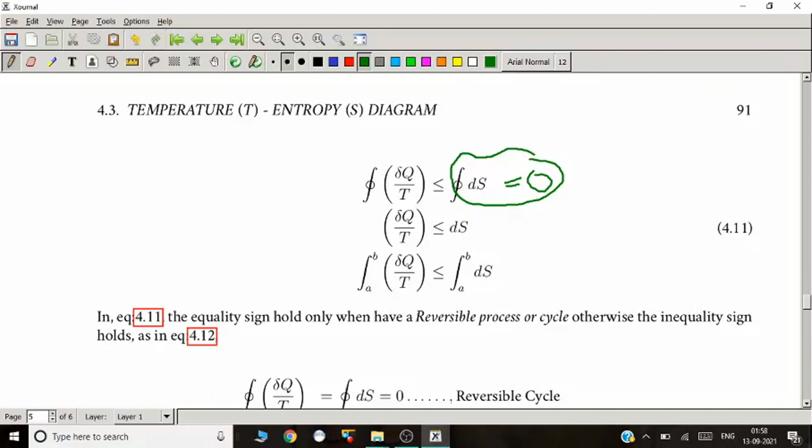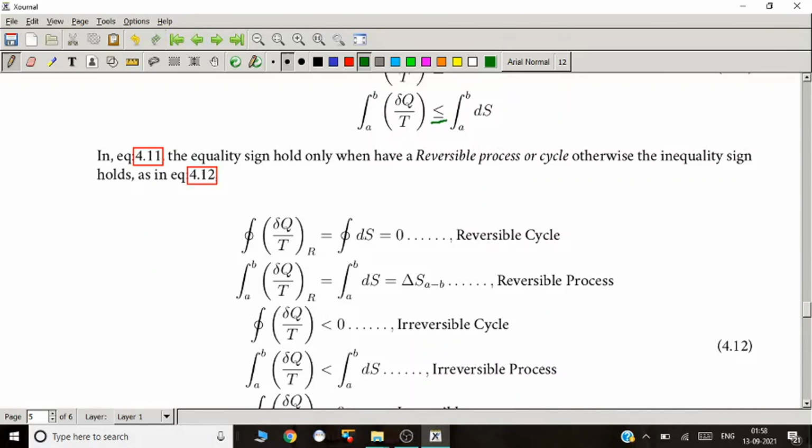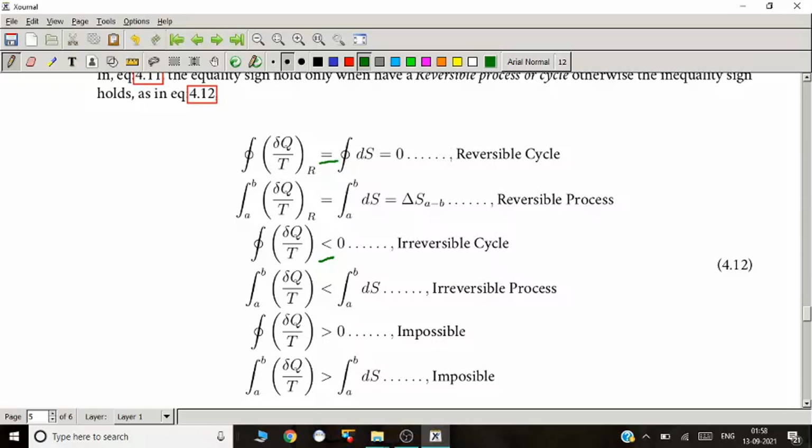Or in differential form, delta Q by T for any arbitrary process, reversible or irreversible, is less than or equal to ds. For any arbitrary process, I can write the integral from a to b of delta Q by T is less than or equal to the integral from a to b of ds. If we have a reversible process, the equality sign holds, and if we have an irreversible process, it is the less than sign.